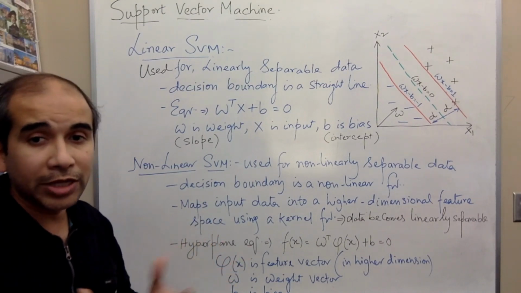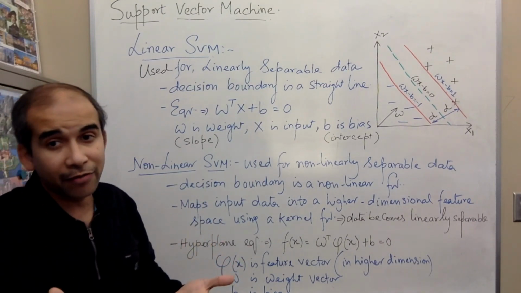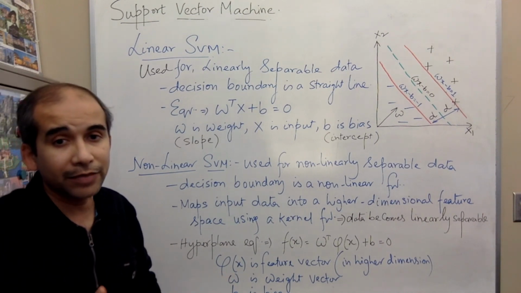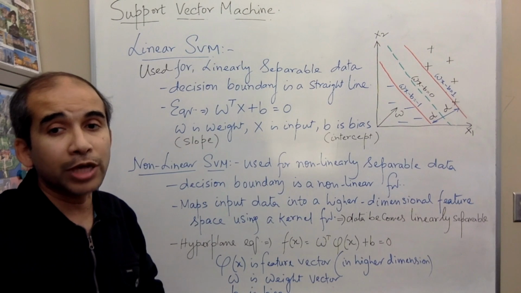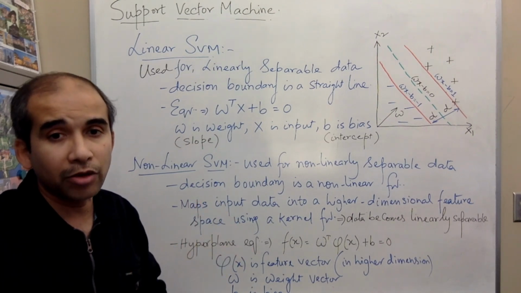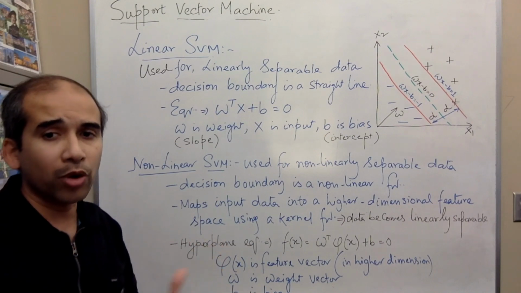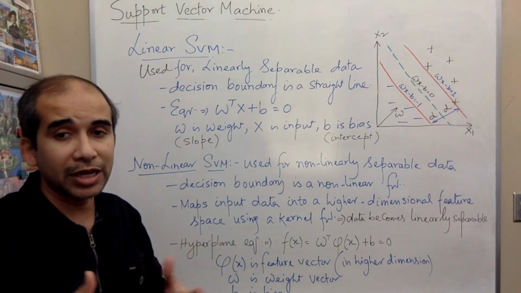Okay, so when the decision boundary is a nonlinear function, that is called a nonlinear SVM, and it maps the input data into a higher dimensional feature space using a kernel function. We can talk more about it later. It's not immediately important.